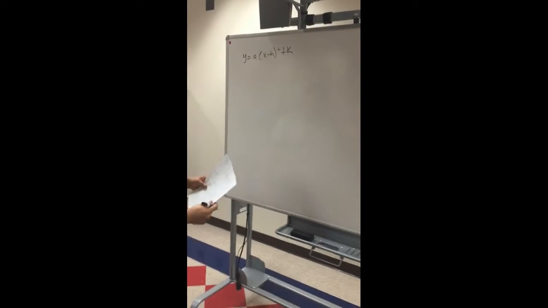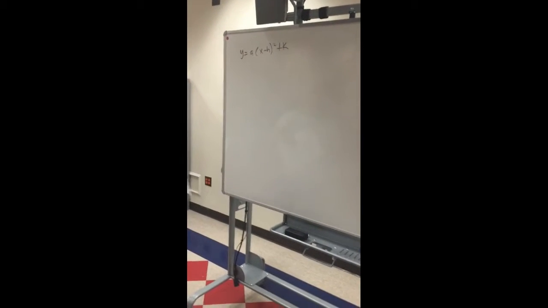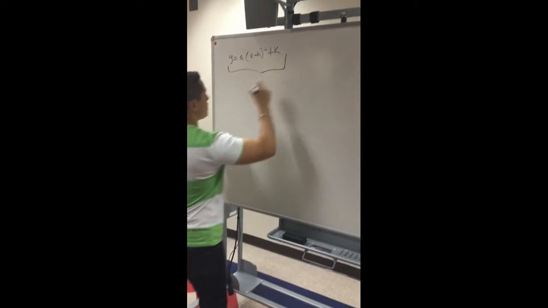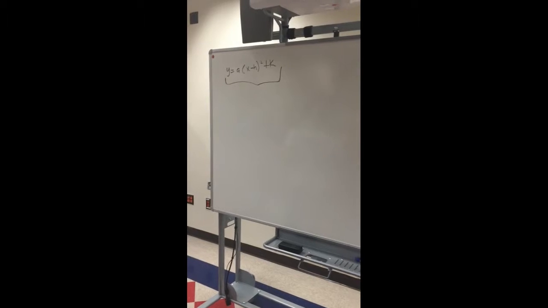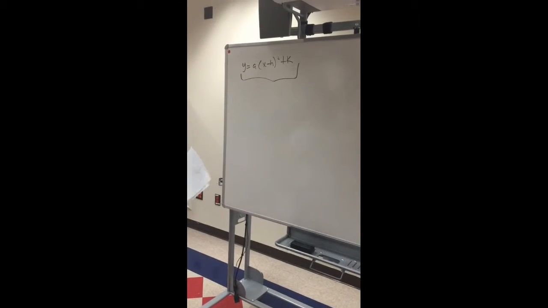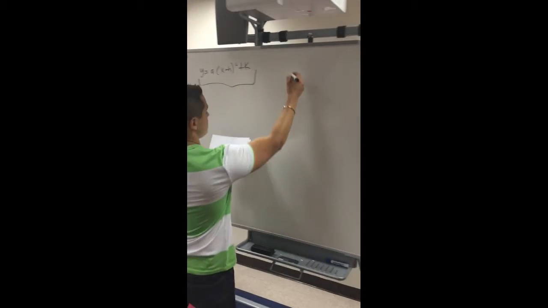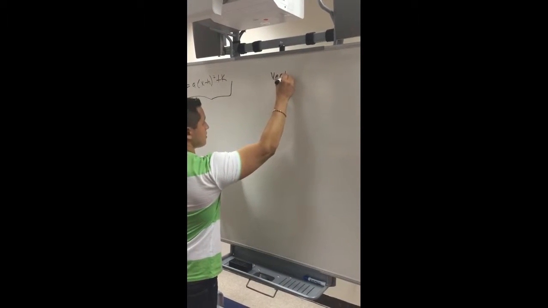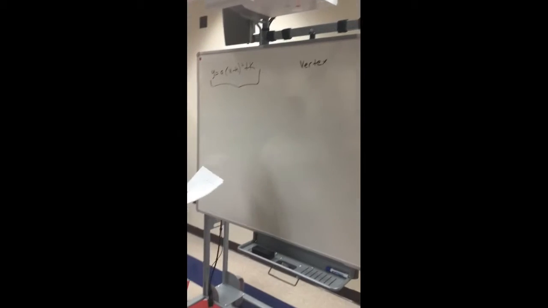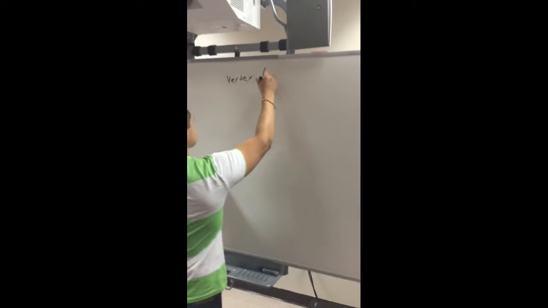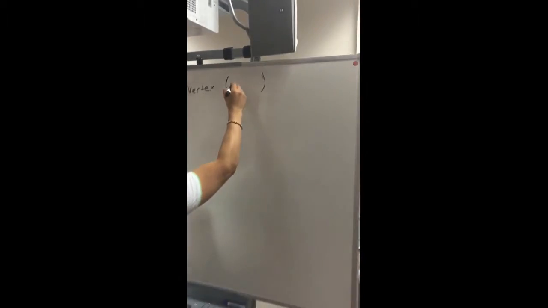The first thing that we need to understand is that from this equation right here, we can easily see that it's hiding in here: the vertex. The vertex is going to be (h, k).